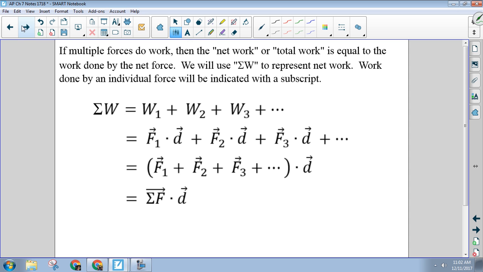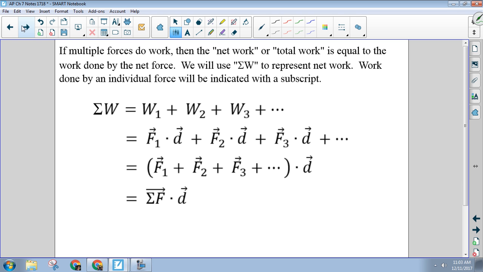Well, that's the same as force 1 times the distance plus force 2 times the distance plus force 3 times the distance. Factor out the distance, and you just get net force times distance. Cool? So to find net work, this is a big idea, guys. There are two ways of doing it. You can add up the individual works, or use the work equation with your net force.